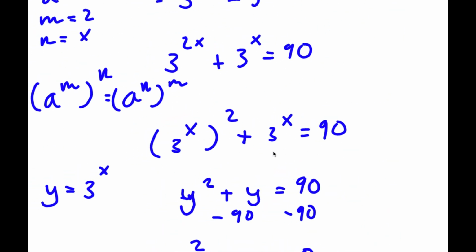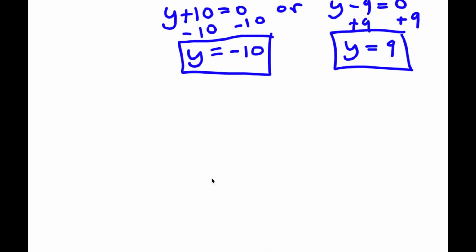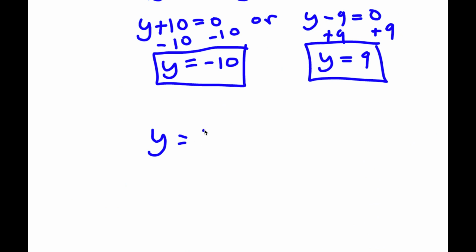So now remember, we set y equal to 3 to the power of x. And we already have two values for y, so all we have to do is plug in our values for y and solve for x. So let's first start with y is equal to negative 10.